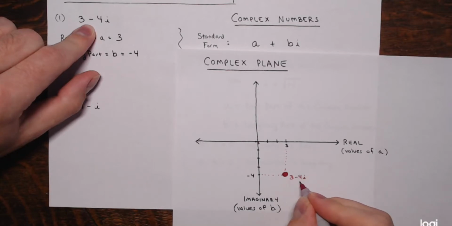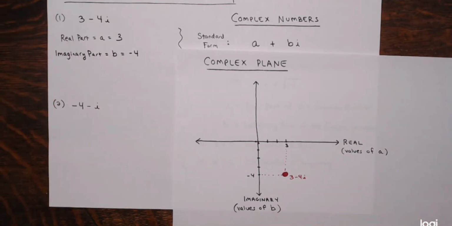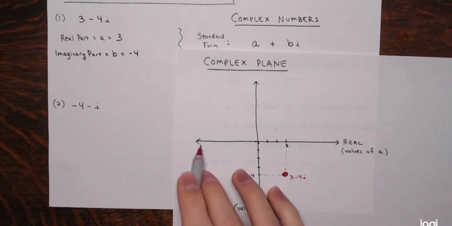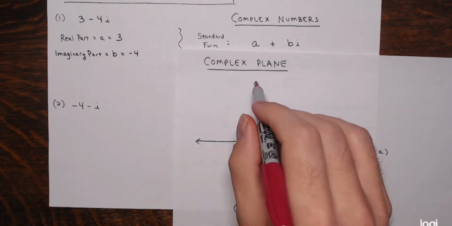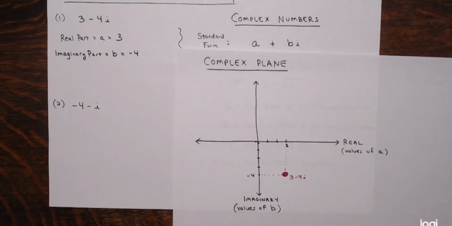I'm going to label it with the number that it represents. So again, it's just like plotting an ordered pair, just like plotting a point in the xy coordinate system. Only, once again, the horizontal axis is the real part of the complex number, and the vertical axis is the imaginary part of the complex number.